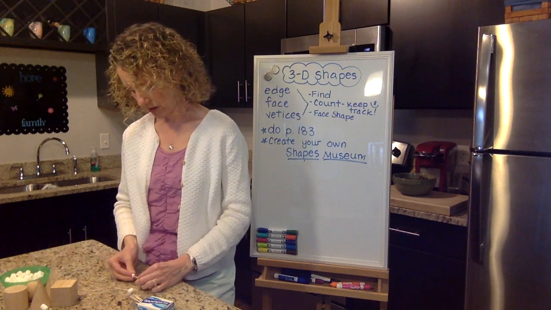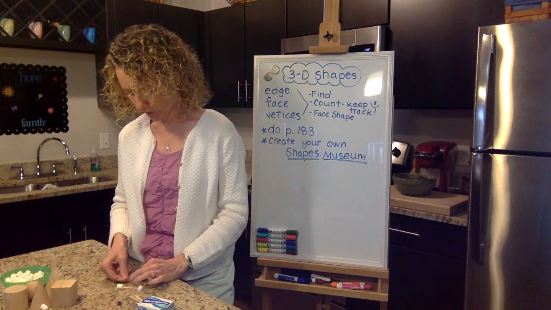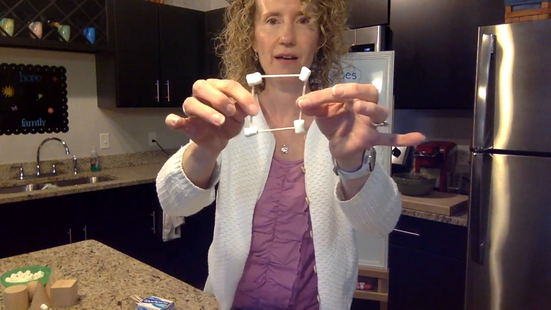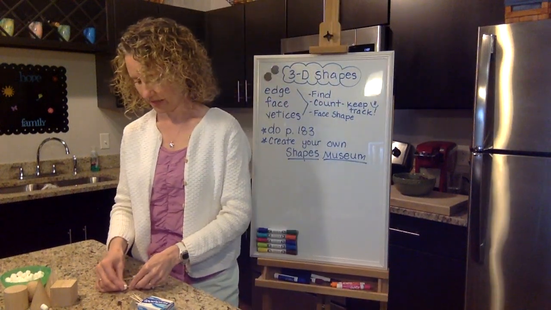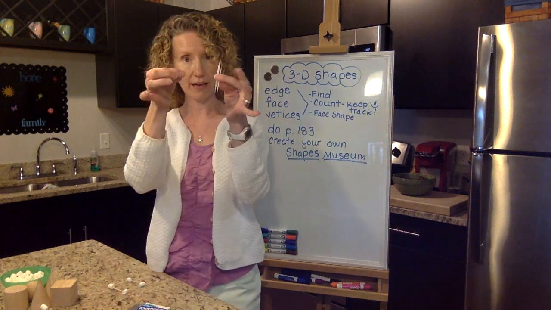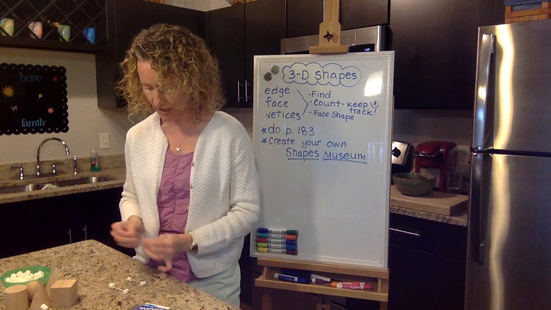So, here you go. 4 vertices, 4 sides or 4 edges to make your square, like that. Good. Then what I'm gonna do is I'm gonna put 4 more toothpicks in for 4 more edges that stand up out of each vertex.